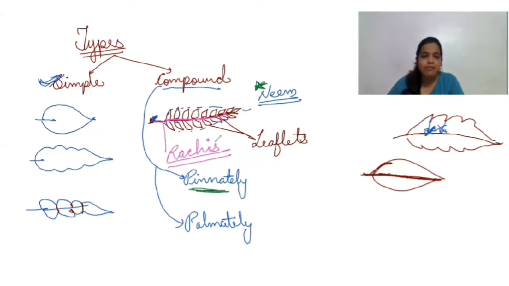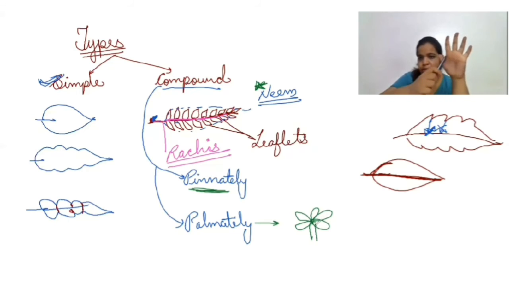In pinnately compound leaves, the leaflets are present on the rachis separately. Coming to the palmately compound leaves, what happens here? The leaflets are present on the same point like this. As you can see, our palm: this is the joining point of all our 5 fingers.